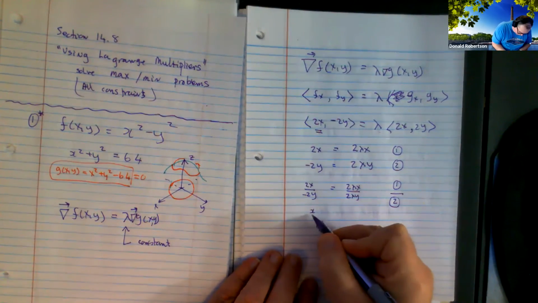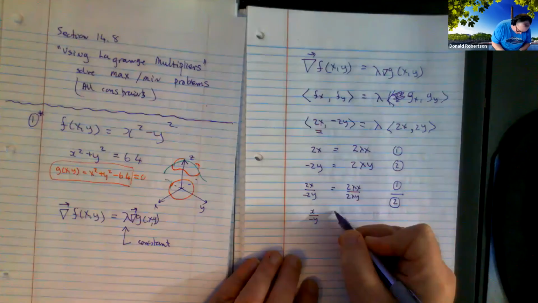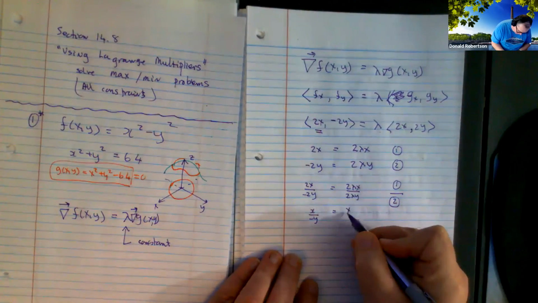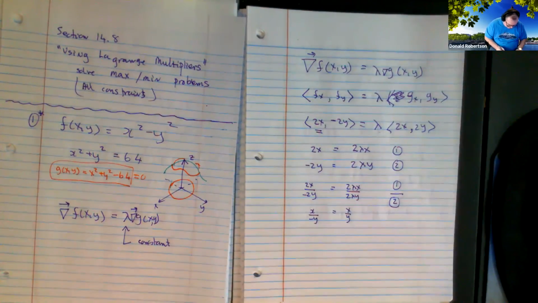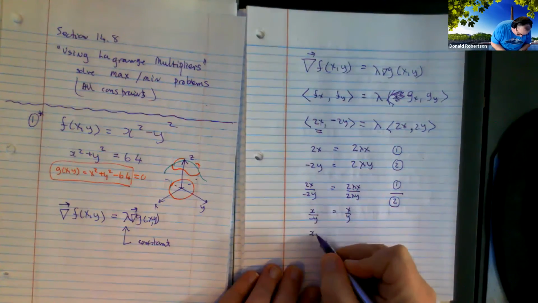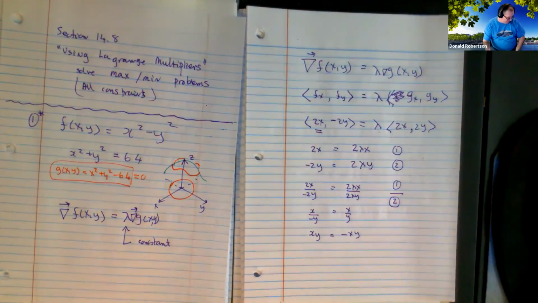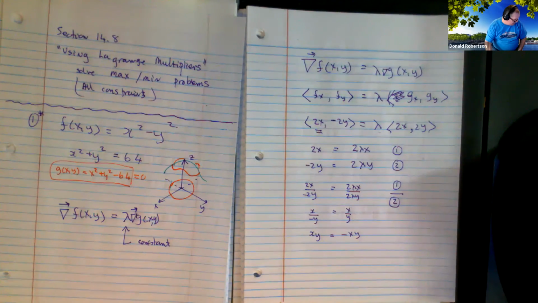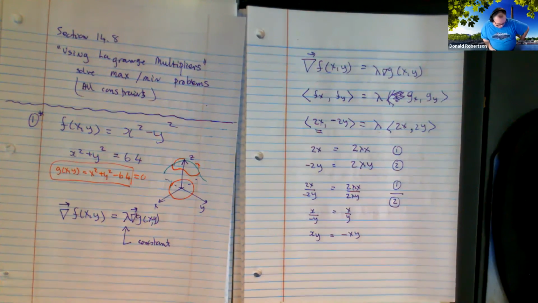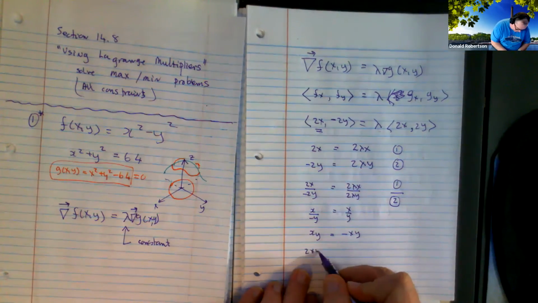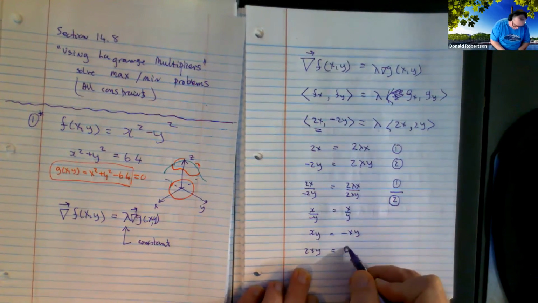Cancel out the 2's, and cancel out the 2's and lambdas, and you are looking at xy equals negative xy. So far, so good. Now, does it not become 2xy equals 0?